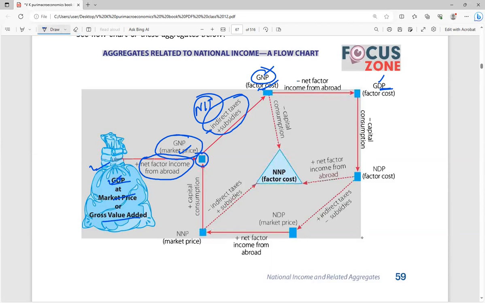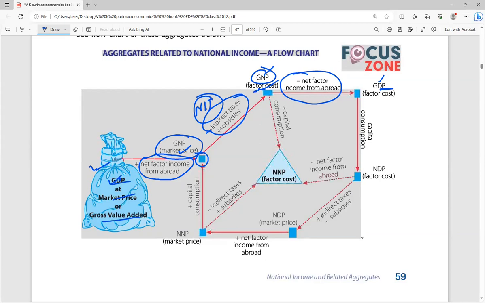This point you have not understood, right? See here. Now come to this side. GNPFC was there, gross national product at factor cost.